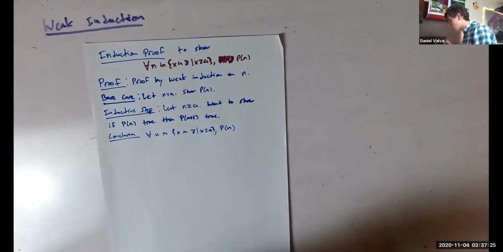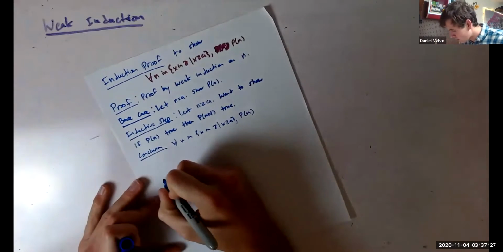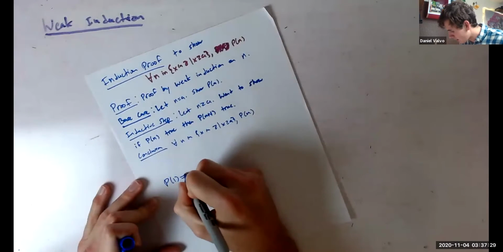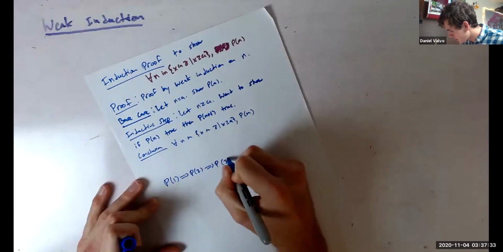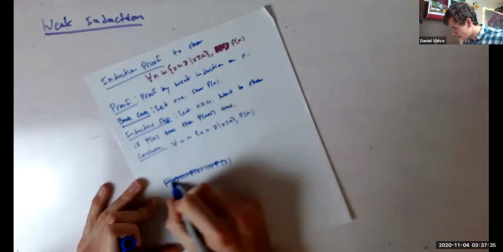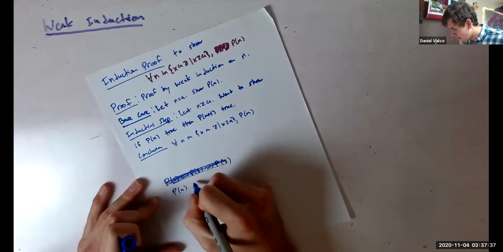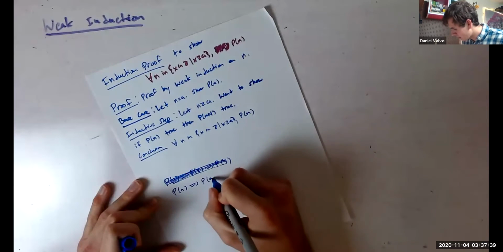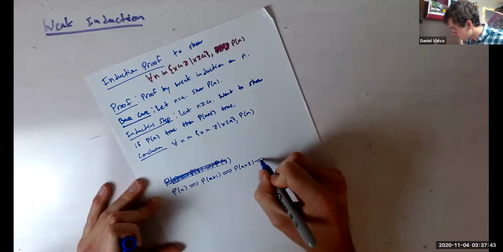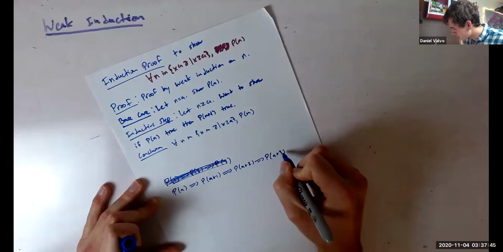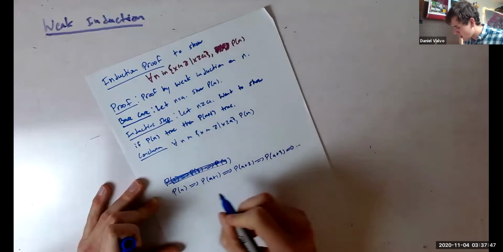You've shown a chain reaction, right? You've shown that P of 1 implies P of 2 implies P of 3. Actually, I guess this should be P of a implies P of a plus 1 implies P of a plus 2 implies P of a plus 3, on and on indefinitely.